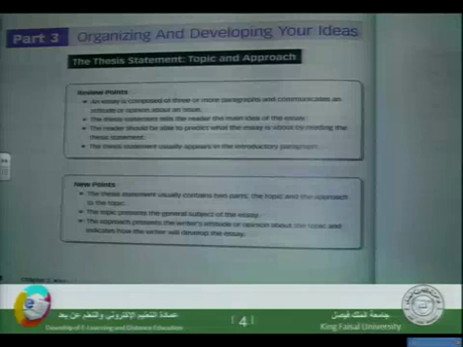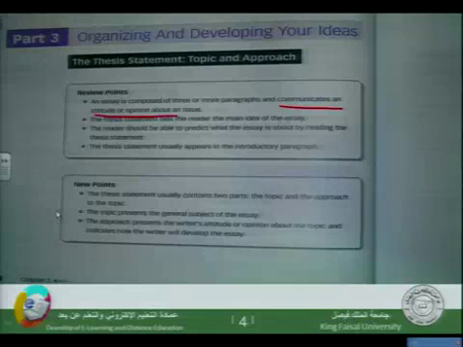So the review points mentioned in the book are: an essay is composed of 3 or more paragraphs and communicates an attitude or opinion about an issue. Now, this is an important point about an essay. It communicates, this is a very important point, it communicates an attitude or opinion about an issue.